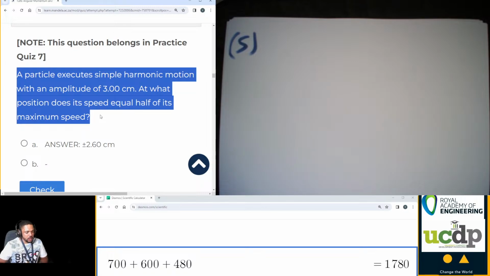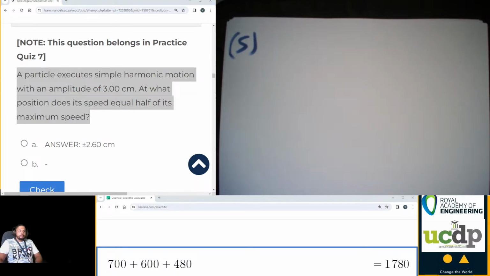I don't know how much you have done of oscillations, but if you haven't done oscillations yet, this will come in later on. So the problem says a particle executes simple harmonic motion.